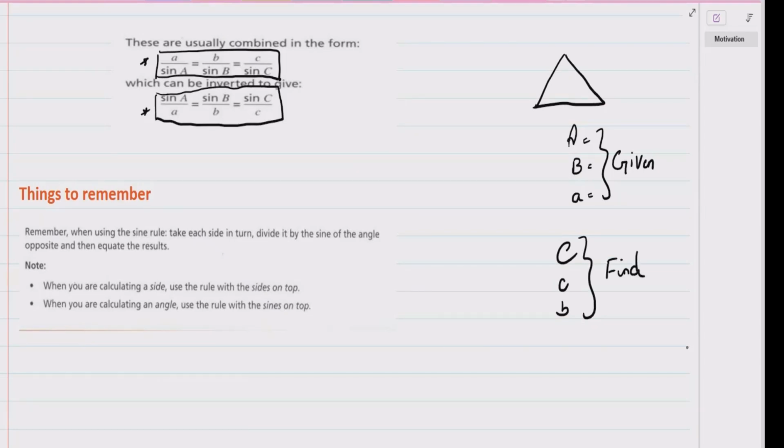When you are finding an unknown angle, use the formula in which the angle is on top. But when you are finding a side, use the formula in which the side is on top. This is the rule of thumb to solve the sine rule and find the unknown parameters.